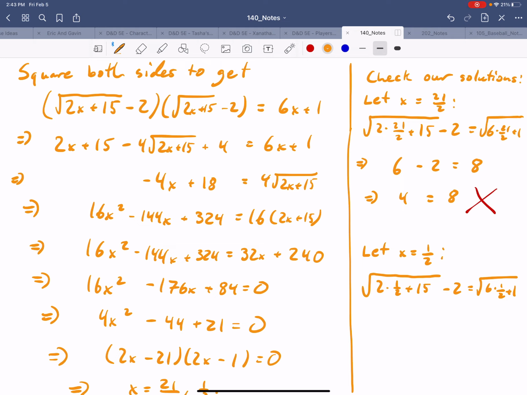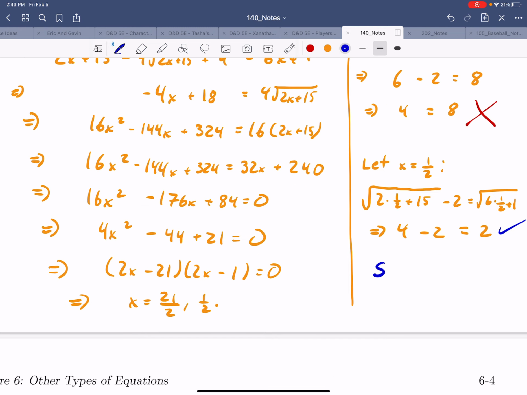At this point, I think this reduces to 4 minus 2 equals square root of 3 plus 1, which is 2. And I think that checks out just great. So our final solution is x equals 1 over 2.